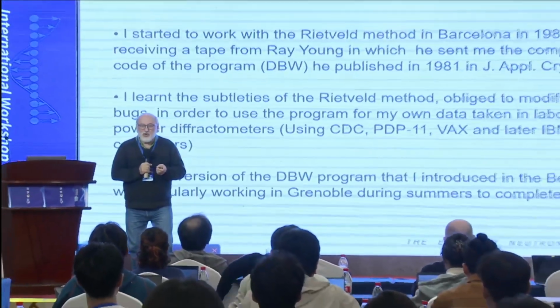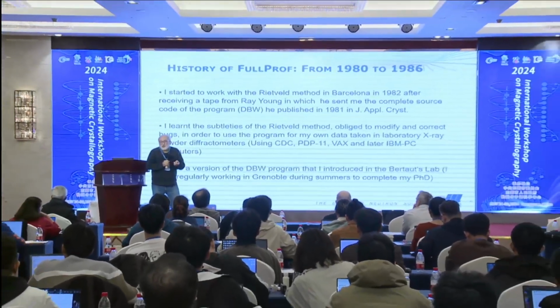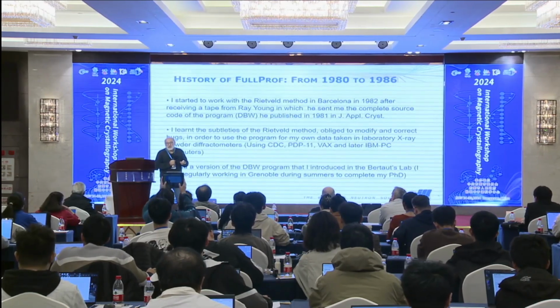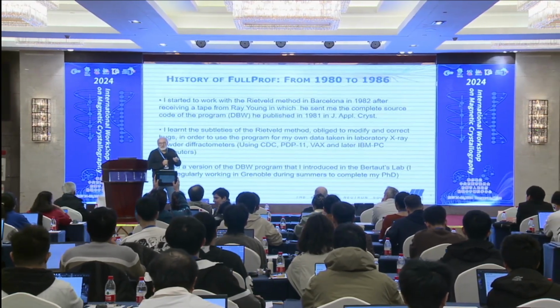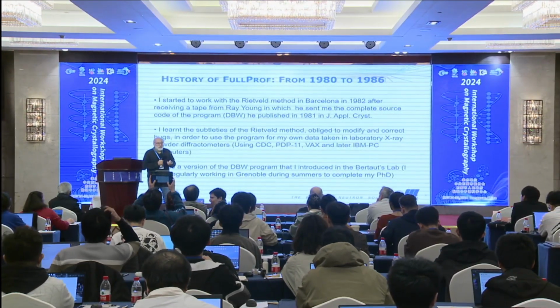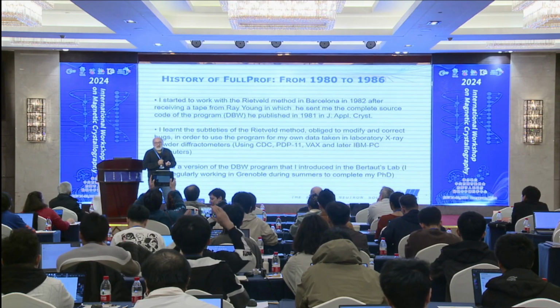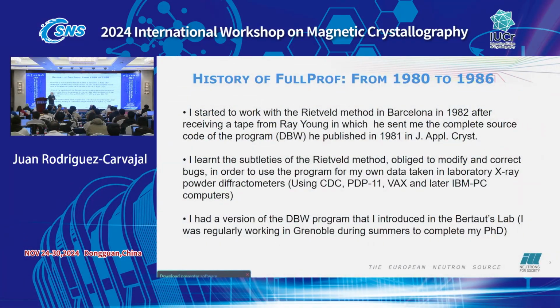In fact, I developed software not for doing software, because I was interested in physics and the problem of materials, and then I needed to analyze my data. I started to work with the Rietveld method a long time ago in Barcelona, and I heard about the existence of this Rietveld method that was mainly used for neutron diffraction, but not for X-ray diffraction.